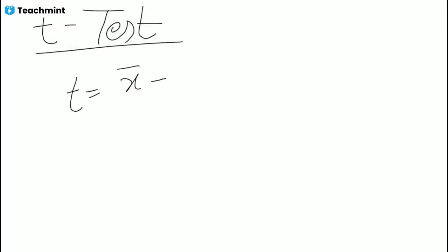Okay, the formula of the T test is T is equal to x bar minus mu over sigma upon square root of n.